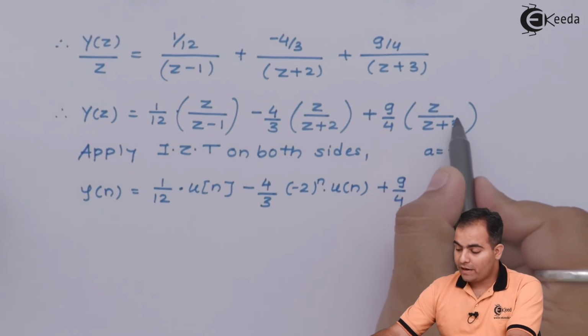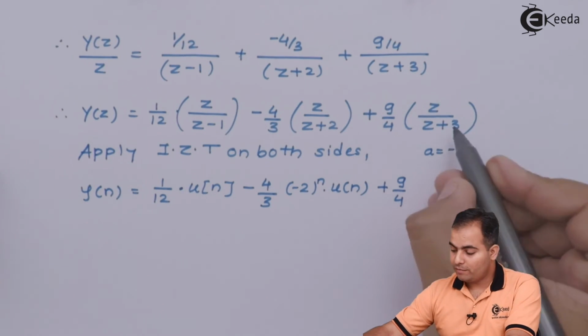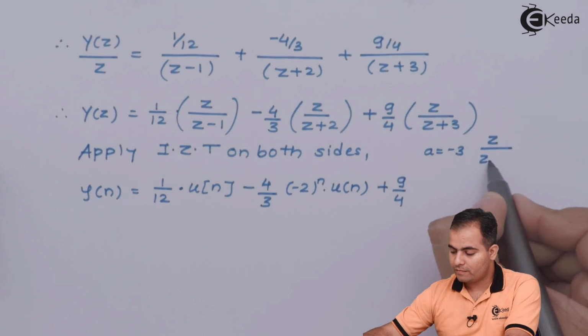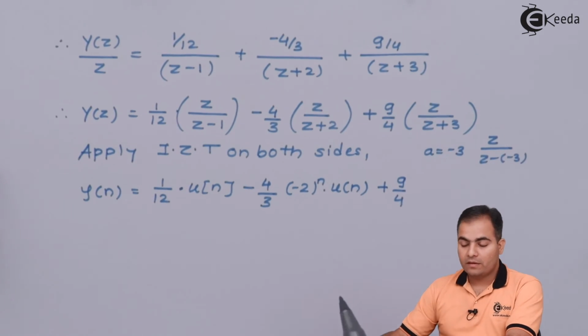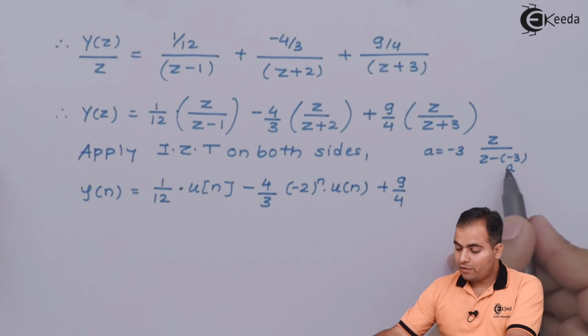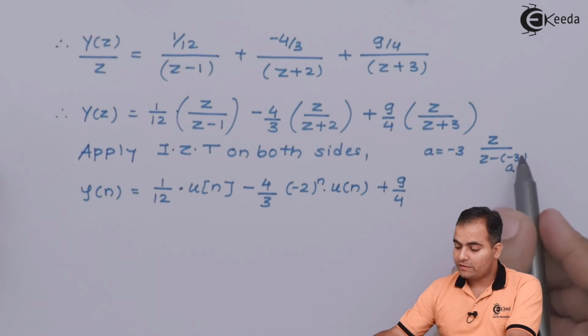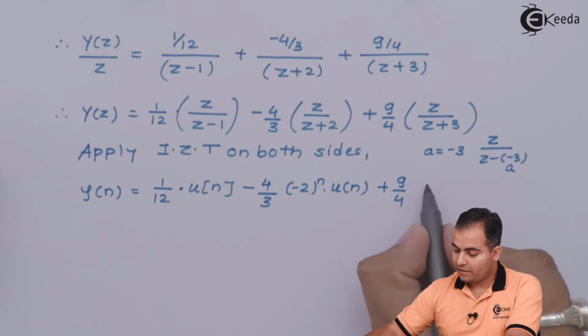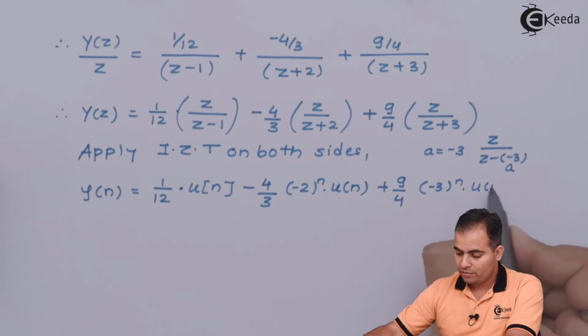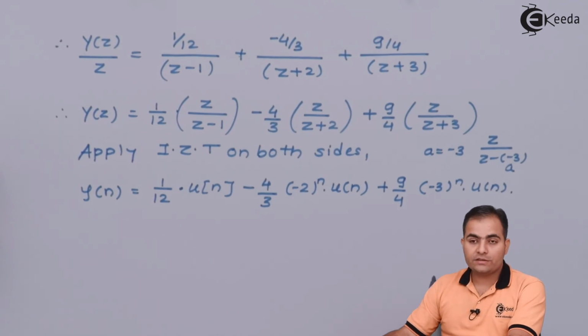So if I take minus 3 over here, this is nothing but the value of a, and we know that the formula of a raised to n u of n is nothing but z upon z minus a. So I can write my a value as minus 3 raised to n into z upon z minus 1, that is u of n.